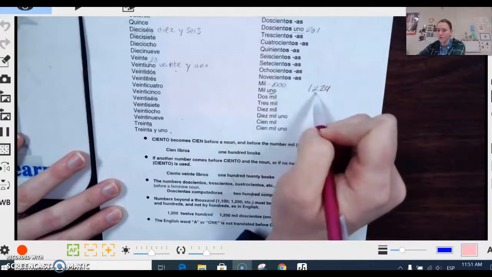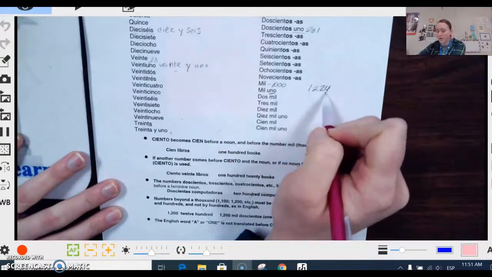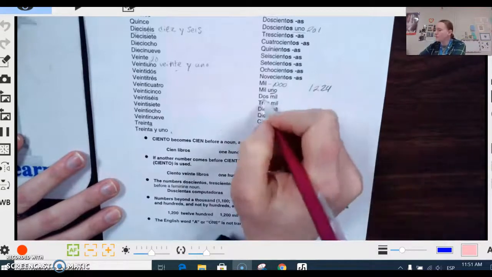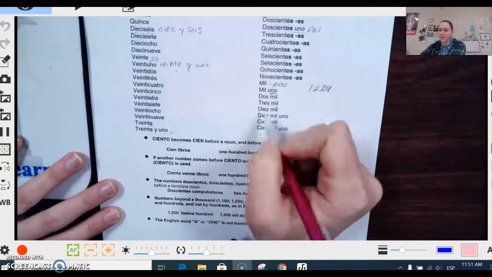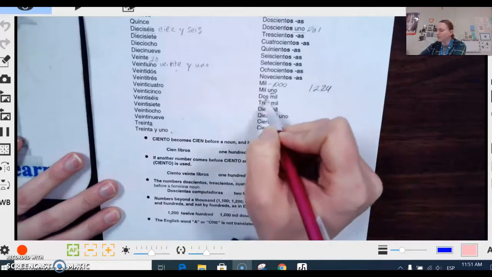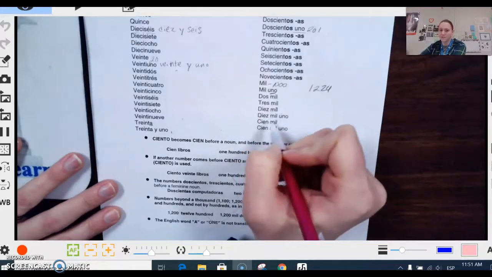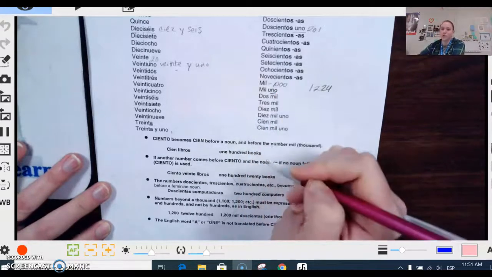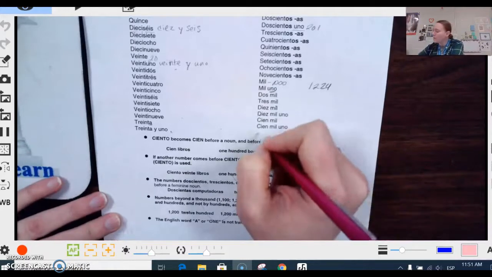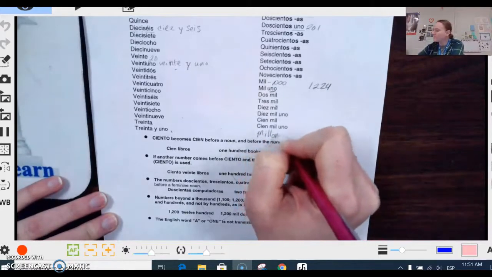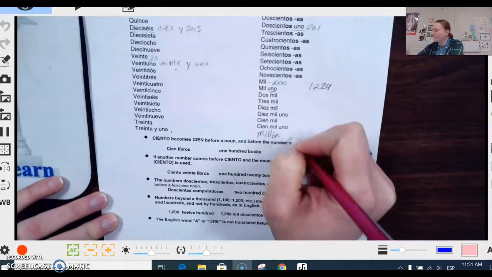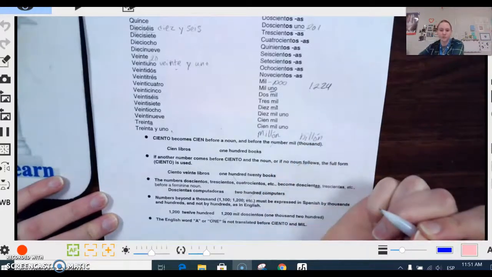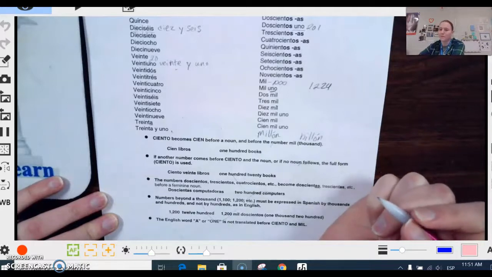Mil doscientos veinticuatro. Okay. And then if we wanted 2,000, then we just build our numbers up before mil. Dos mil, tres mil, diez mil, cien mil. Okay. Doscientos mil, 200,000. Okay? 1 million is millón, and billion is billón. I know. Shocking that I'm sure you guys can figure that out.